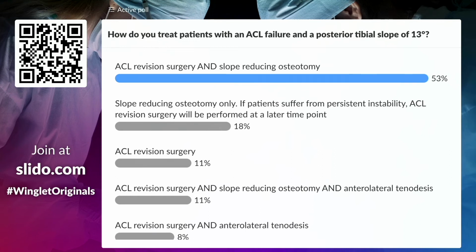We can discuss if this is going to be a single stage or a two-stage procedure. Maybe it also depends on the status of the drilling channels for the ACL. But if you asked this question probably 5 years ago, the amount of viewers that decided to go for an osteotomy would probably be really less.